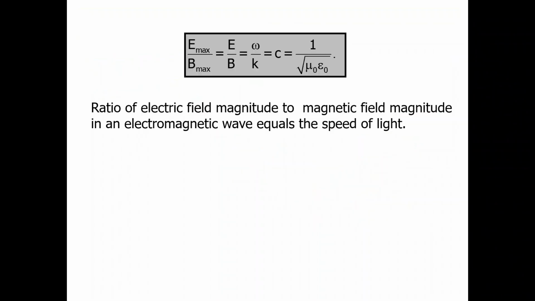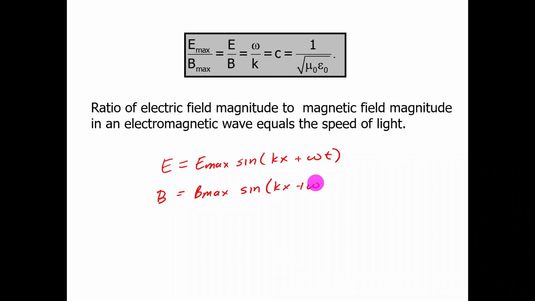So with the equations on the previous slide, we can come up with several different relationships here. And that is based on the ratio of E max and B max, or E and B. So if you take those equations, that E is equal to E max sine of kx plus omega t, and you have your B is equal to B max sine of kx plus omega t, or minus, plus or minus really for those.